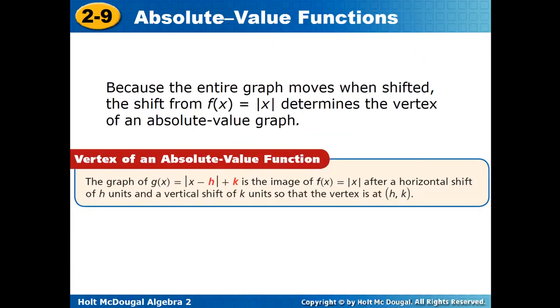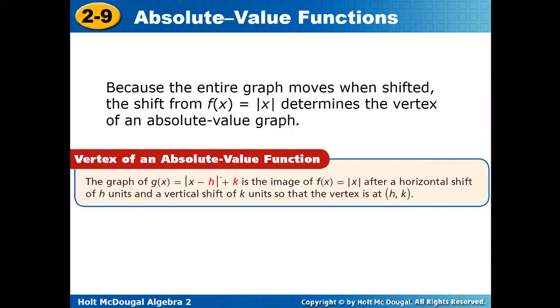So let's just look at this. Because the entire graph moves when shifted, the shift from f of x equals absolute value of x determines the vertex of an absolute value graph. I want you to really pay close attention to this because it is going to be very helpful. I'd like you to put this in your notes, please, and I will ask you to show them to me. So g of x is equal to the absolute value of x minus h plus k.